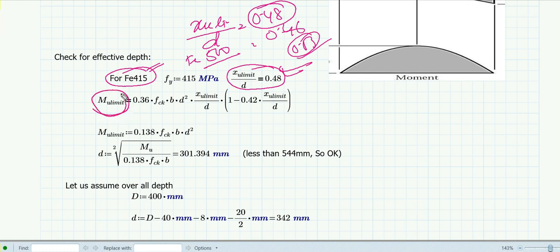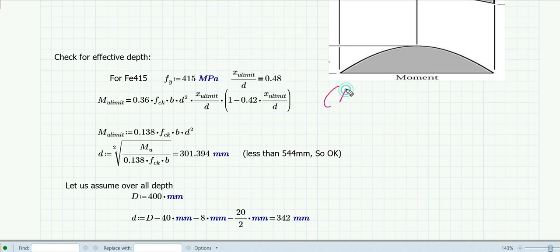That is, what is the maximum moment it can take? The Mu limit equation, you have already seen, is 0.36 fck bd square, xu limit by d, times 1 minus 0.42 xu by d. You can find this equation in Annex G of the IS code.